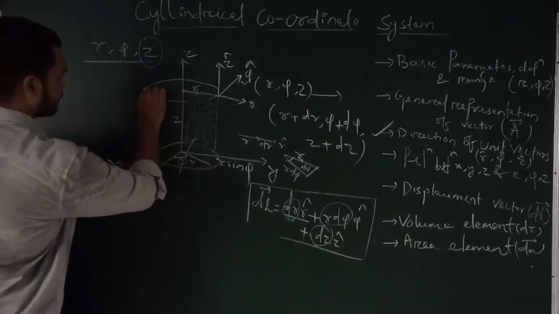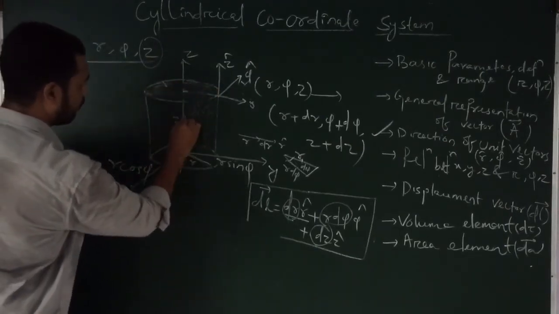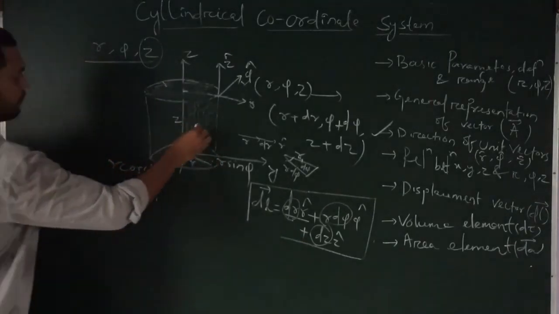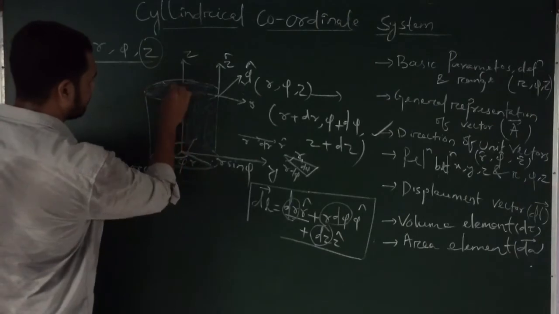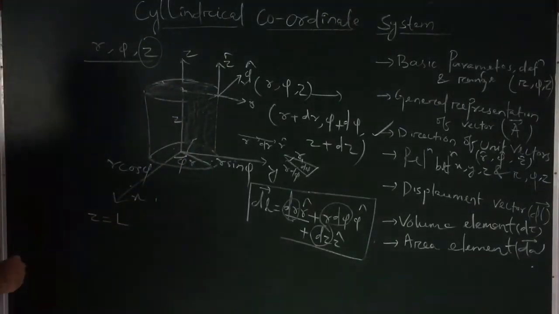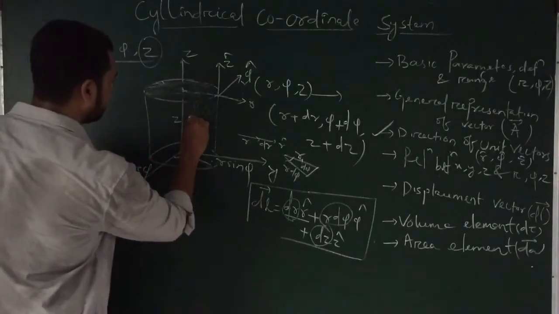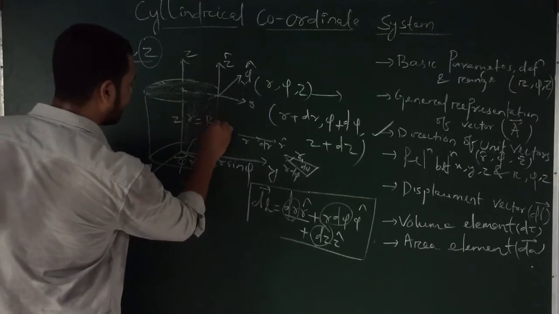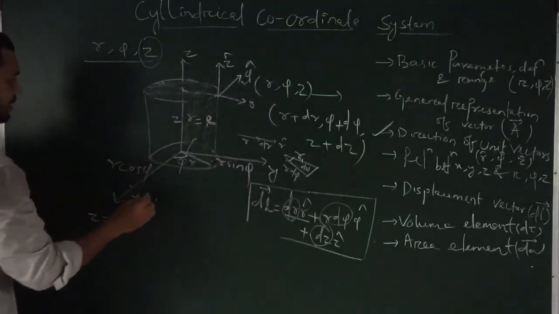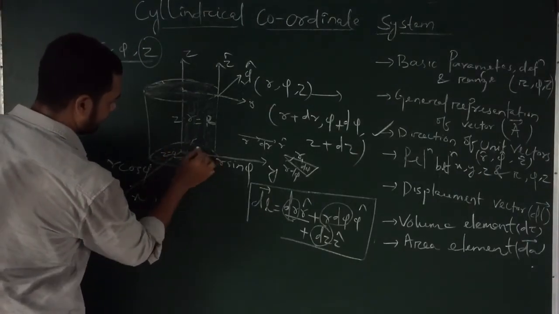Of these surfaces first, then we will go for this surface and then this surface. The names of these surfaces will be: z equals some particular length L will represent this surface, r equals capital R, some finite radius, will define this surface, and z equals 0 is represented by this plane.